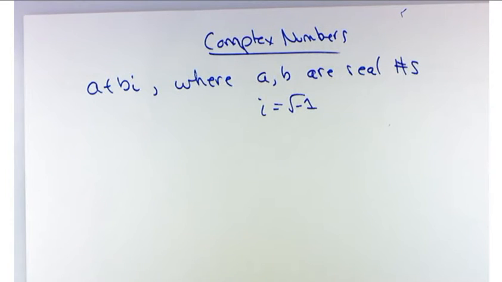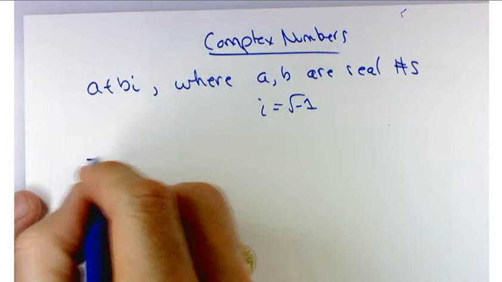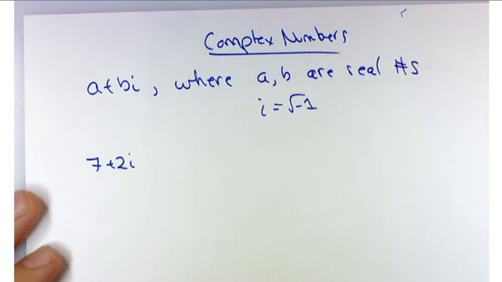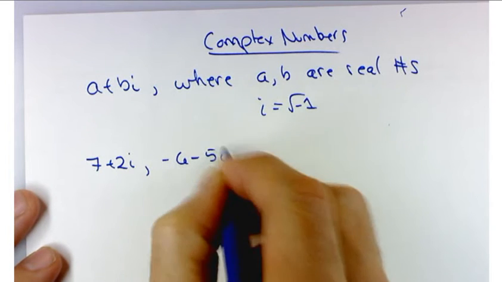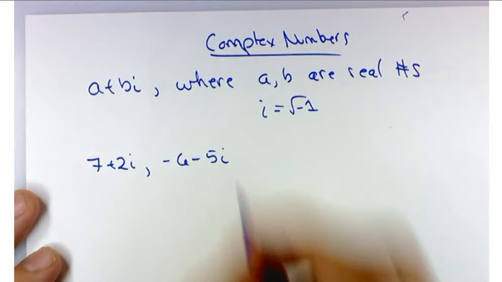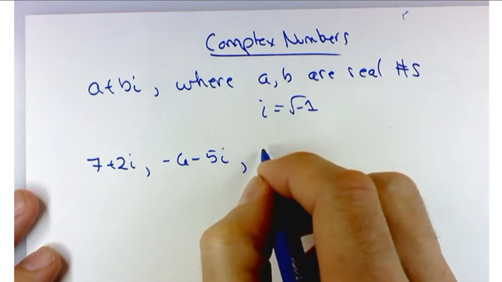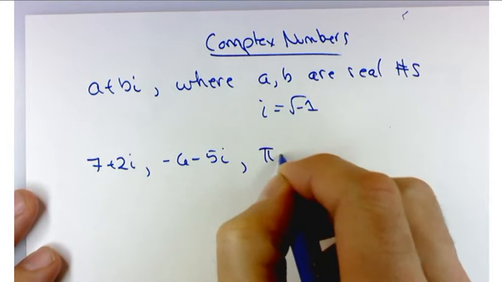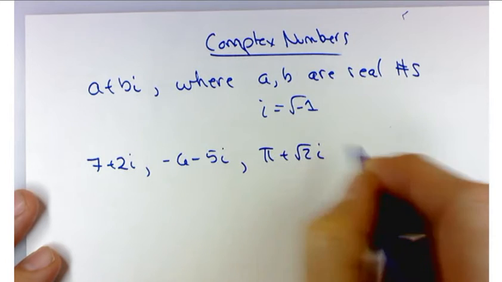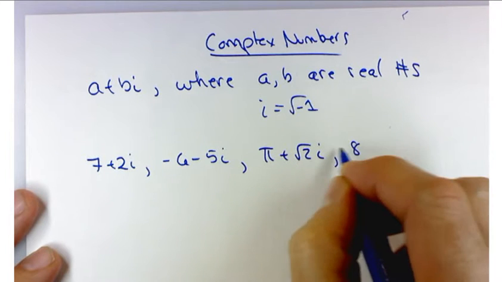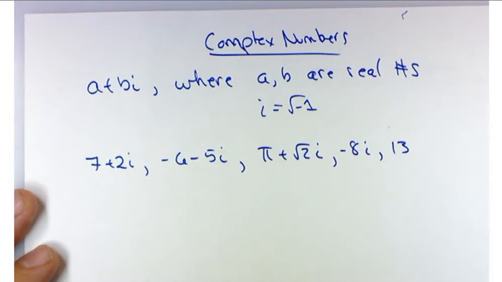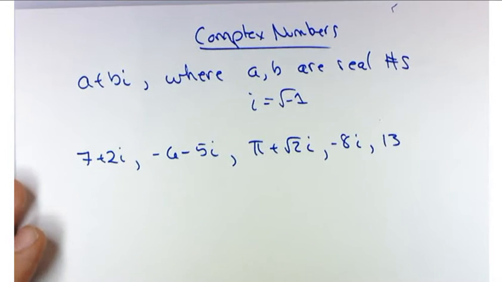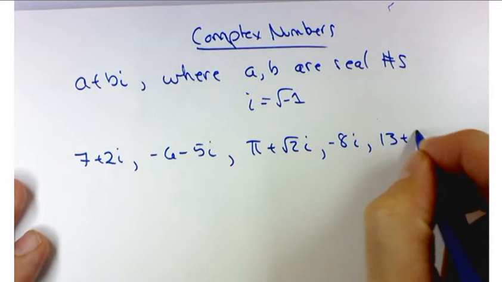So let me give you some examples of some complex numbers. 7 plus 2i, negative 6 minus 5i, pi plus the square root of 2 times i. How about just negative 8i, or 13 can be considered a complex number if you think of it as 13 plus 0i.